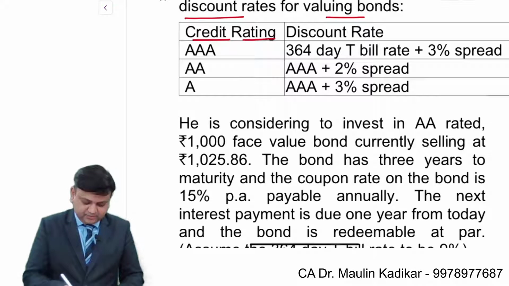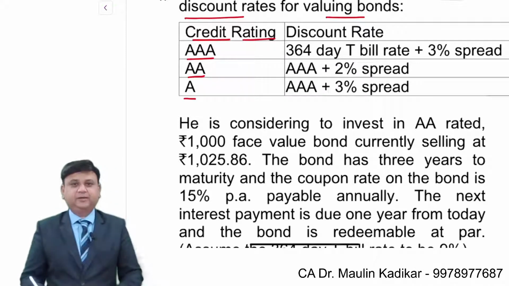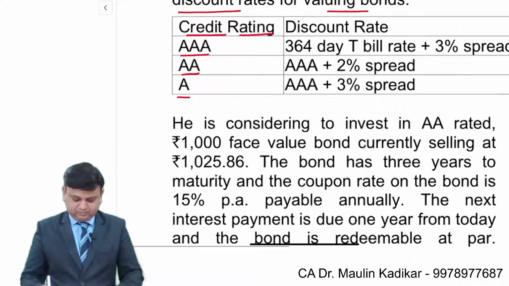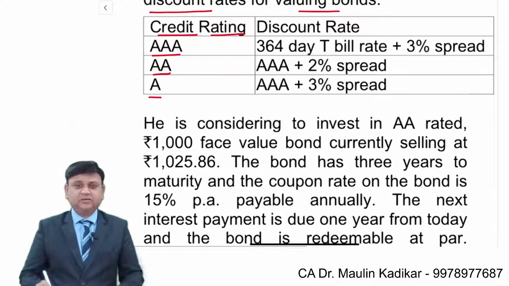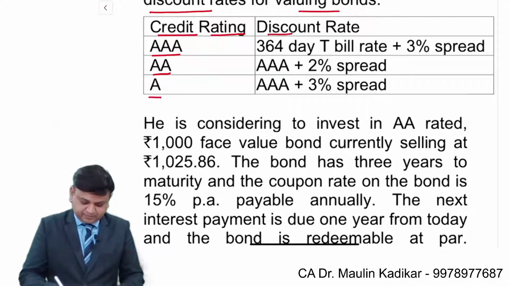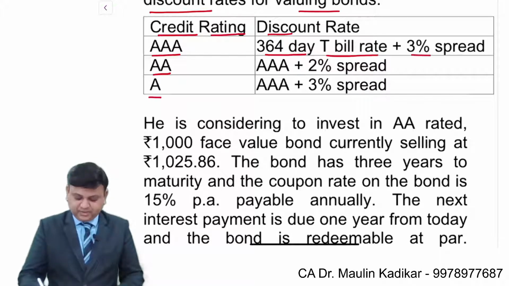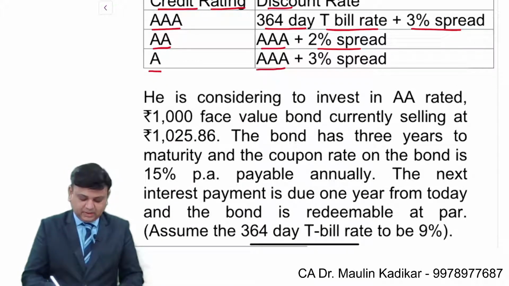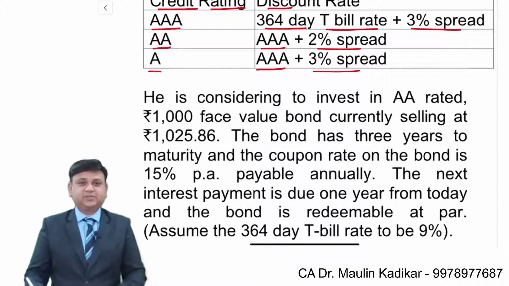Credit rating AAA, AA and A. Discounting rate is given: 364 days treasury return plus 3% spread, AAA plus 2% spread, AAA plus 3% spread.